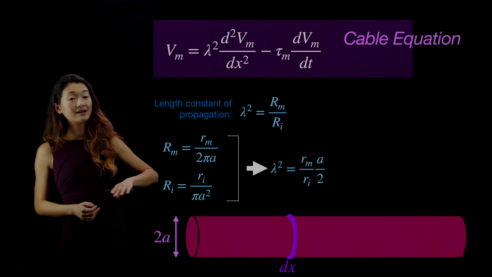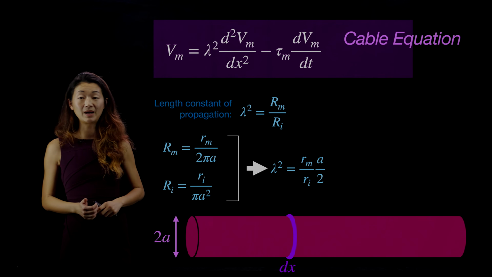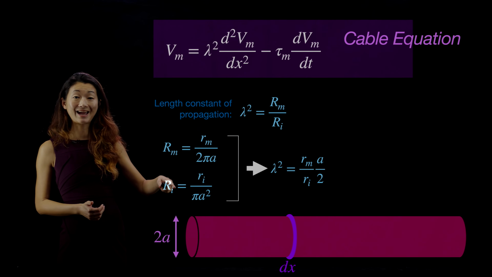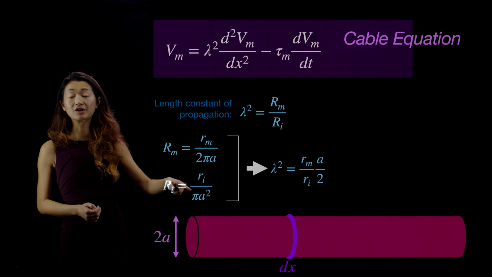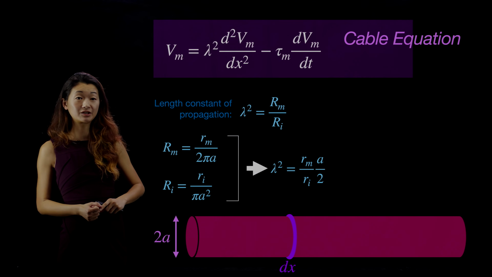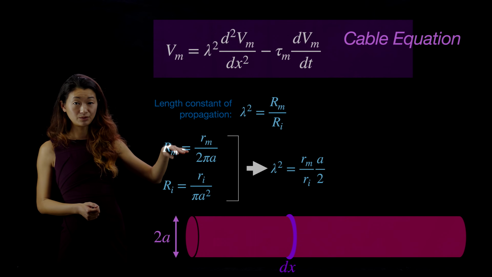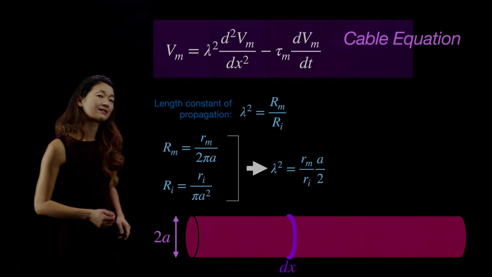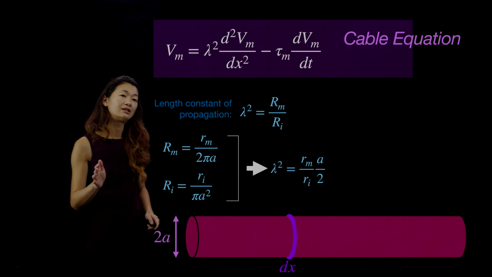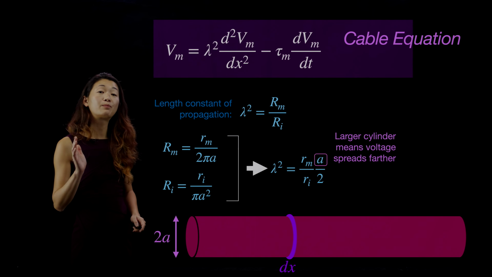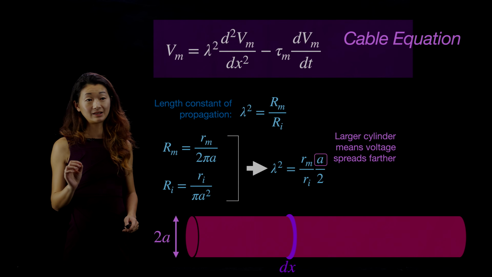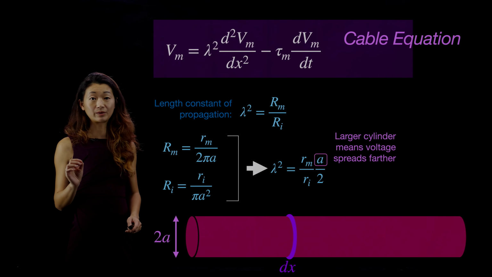Similarly, the axial resistance of the cylinder is also inversely proportional to a, but there's an a squared term in the denominator instead of just an a term in the denominator. If we do the division and cancel things out, what you'll see is that the length constant of propagation happens to be proportional to a. In other words, the larger the cylinder, the farther the voltage spreads.